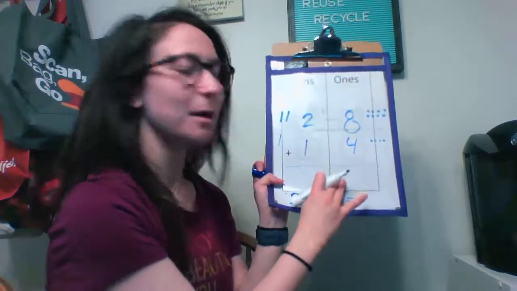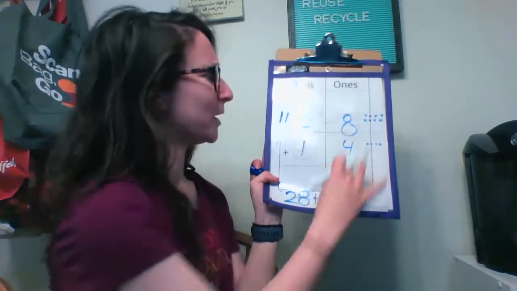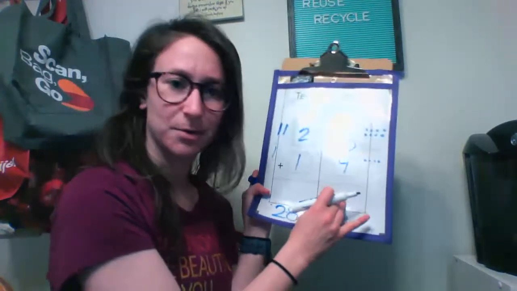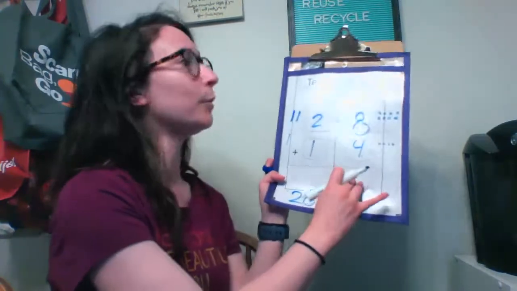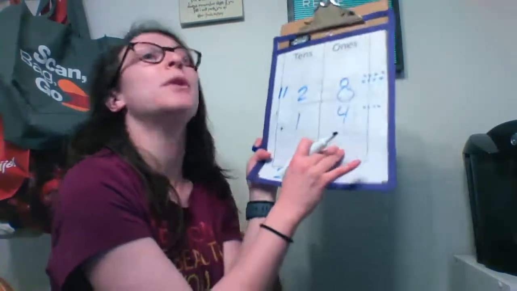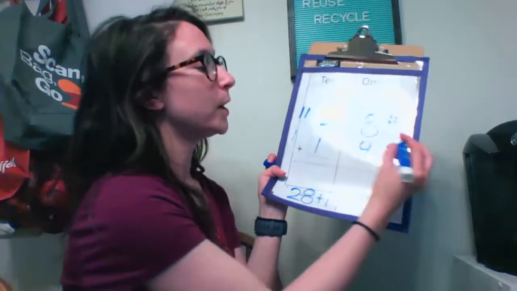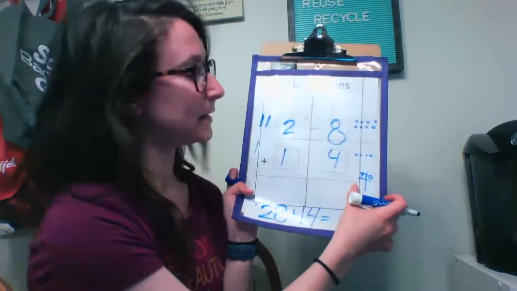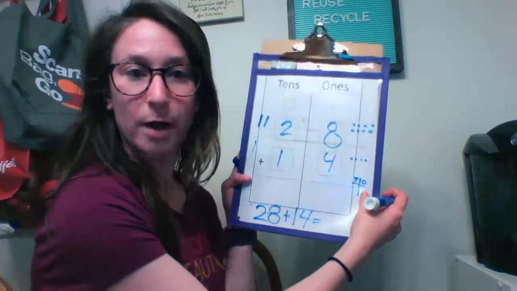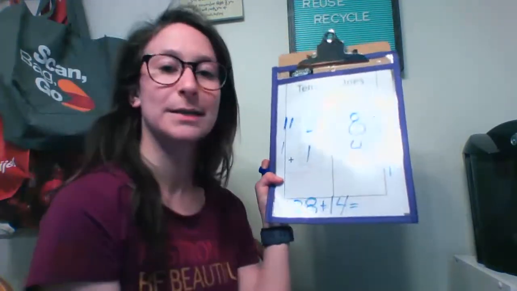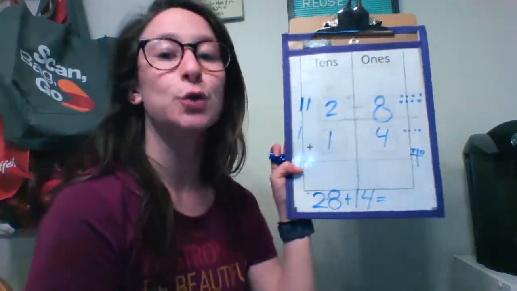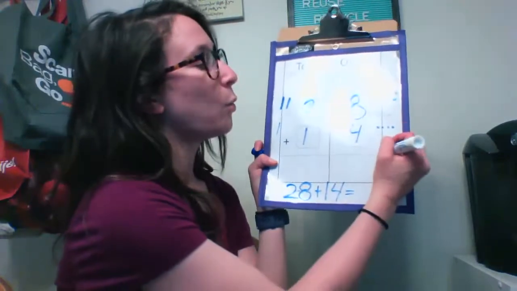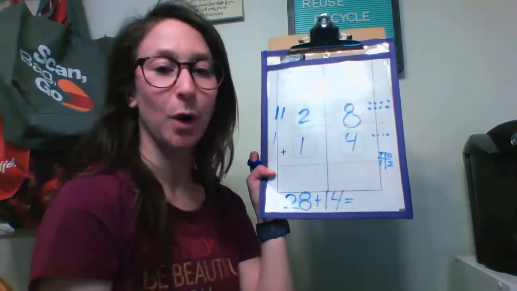So you can't put a 12 in our ones place because we only use 0 through 9. We don't put two numbers in our ones place. That would be crazy. We are going to make a tens and ones chart. Our tens is a T and our O is the ones. So we're going to say 12. 12 is 1 ten and 2 ones.